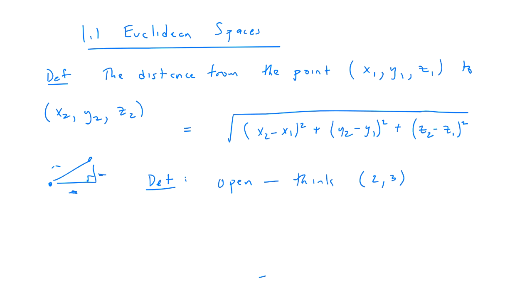So endpoints are not included. Or if we have something in 3 dimensions, so suppose I have a solid sphere, you'd be open if the skin of the sphere is not included. That is open, but there are other ways things can be open, but we don't need them.